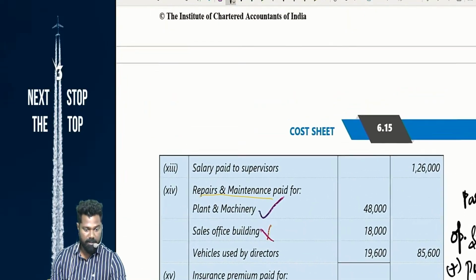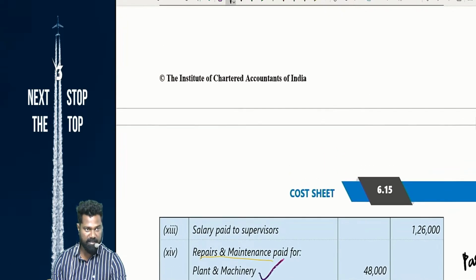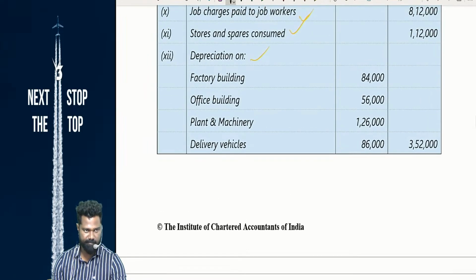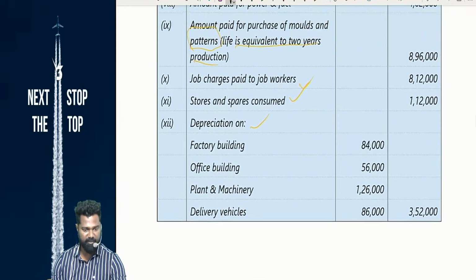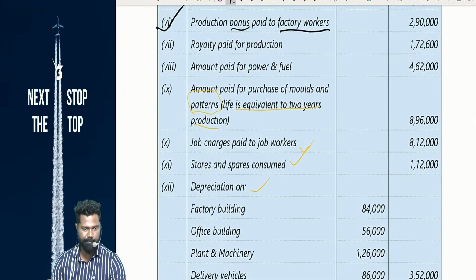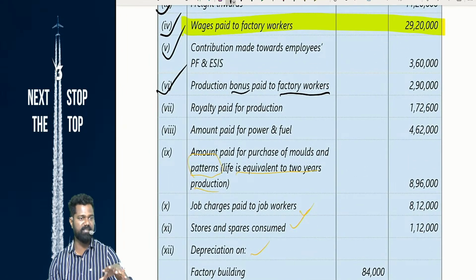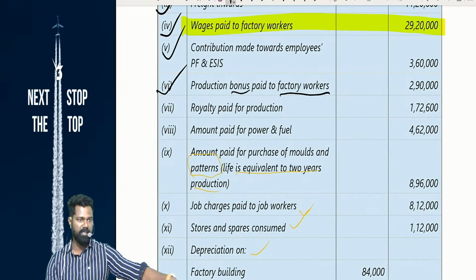Salary paid to supervisor, is it direct or indirect? Who is the supervisor? Does the supervisor produce the product? The supervisor is the one who supervises what labor does.